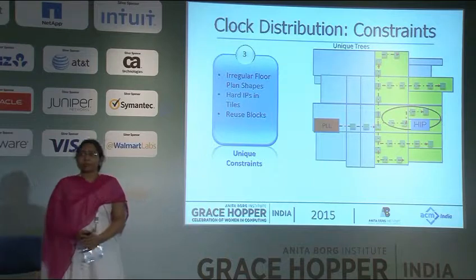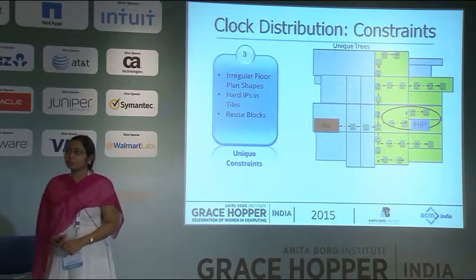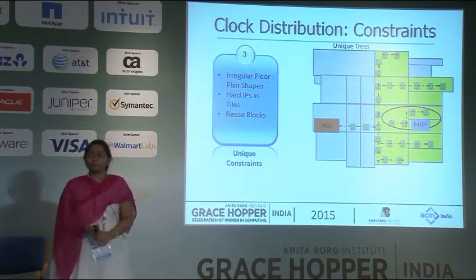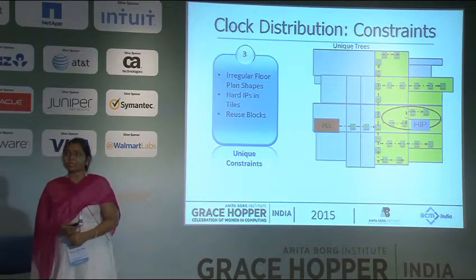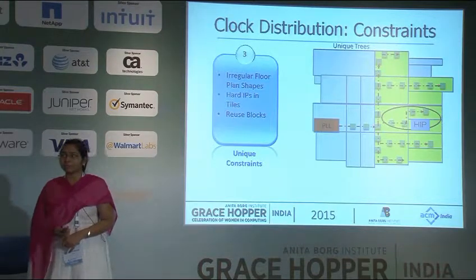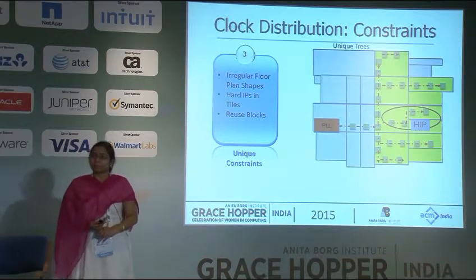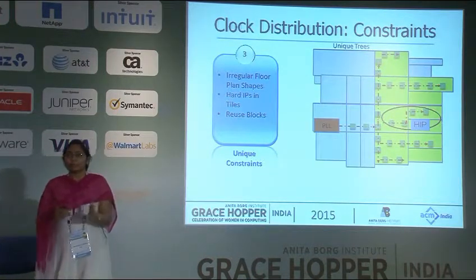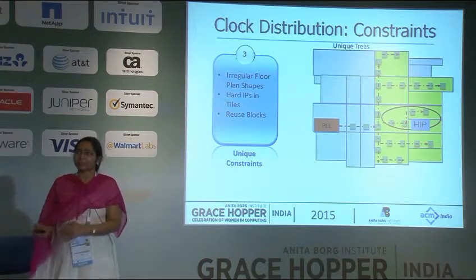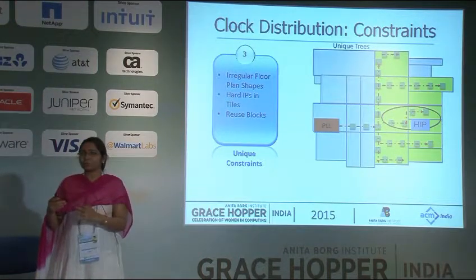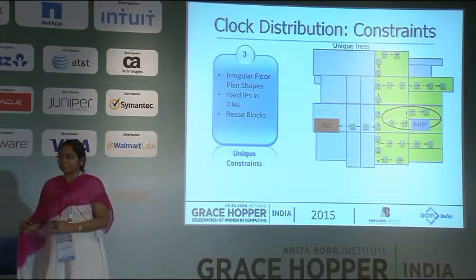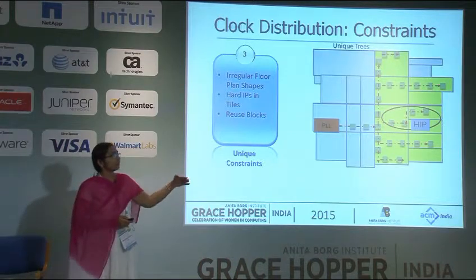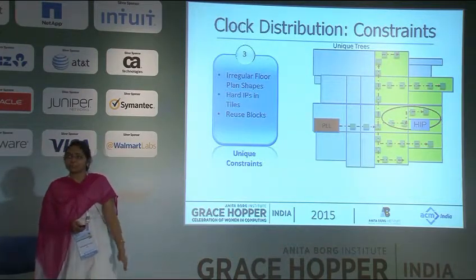Before I go into more detail on what solution we provided for the clocks, I would like to highlight a few points which are the constraints that made us build this automation. When people are working on the same project with the same technology and the same buffers, and they are asked to do 3-4 trees, it is difficult, they can't do more work, and they won't agree.